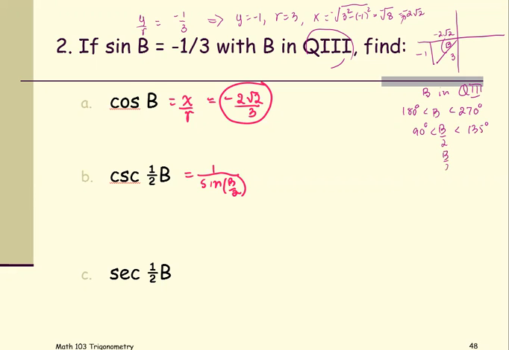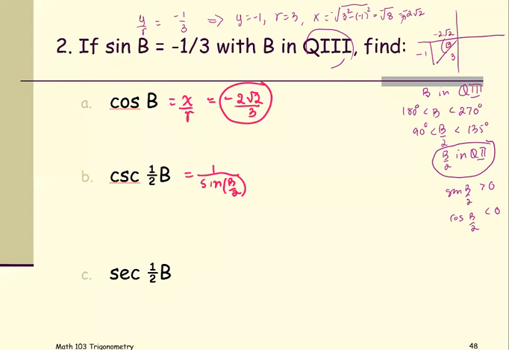Therefore, B over 2 will be in the second quadrant. If B over 2 is in the second quadrant, the sine of B over 2 is positive. The cosine of B over 2 is negative.